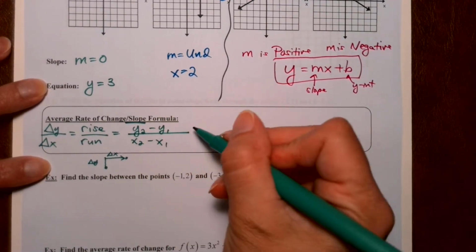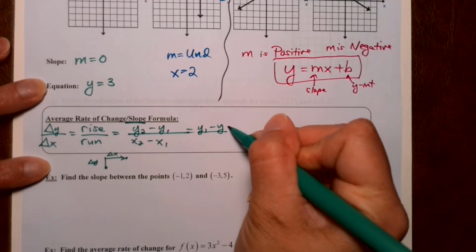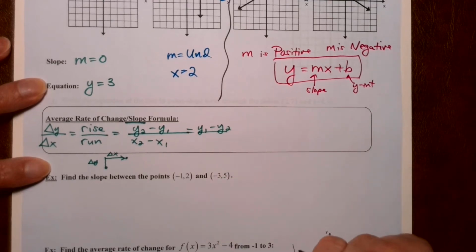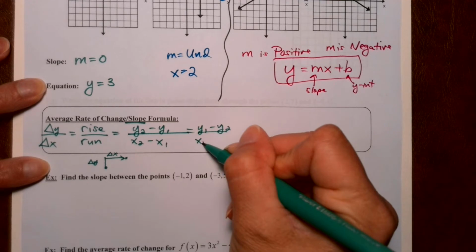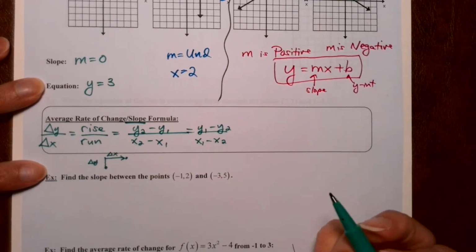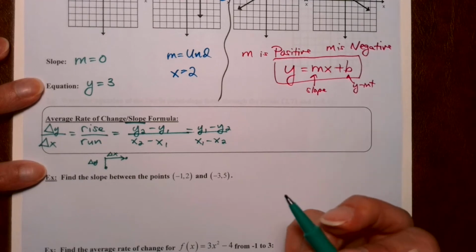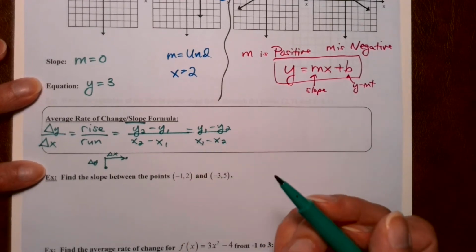But what if I did y1 minus y2? Am I allowed to do that? Yes, but if you start with y1, you have to start with x1 to keep things fair. But you have to put the y's up. You gotta wise up, people. Put your y's on the top.